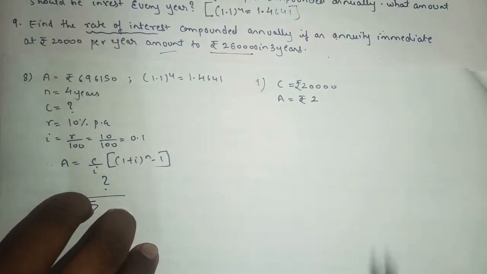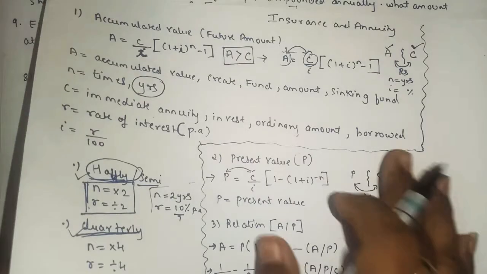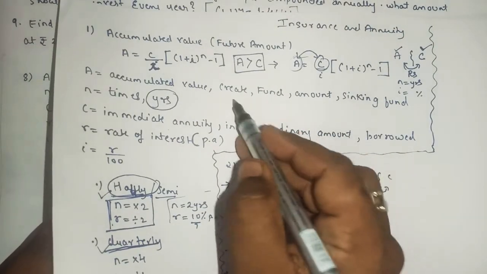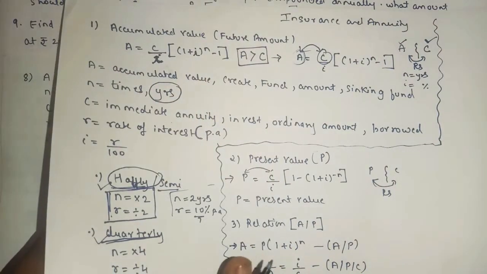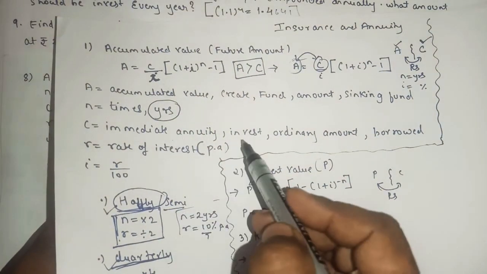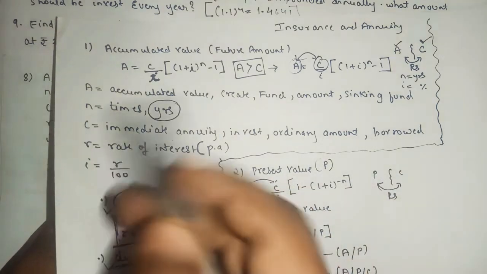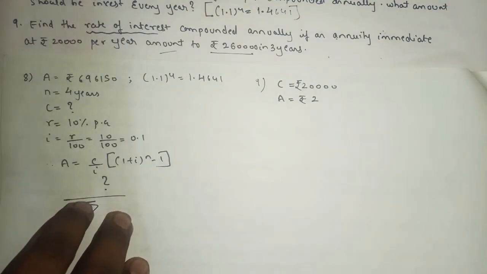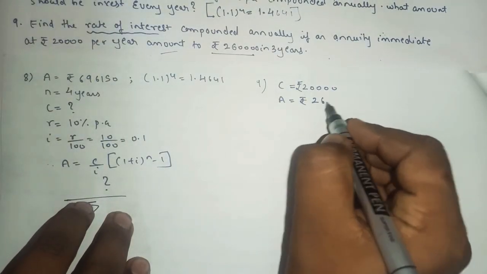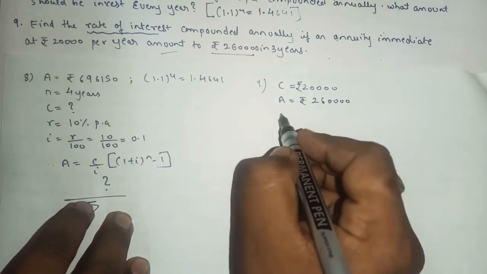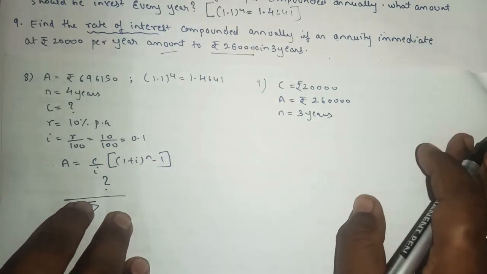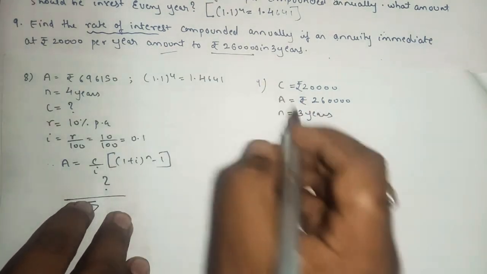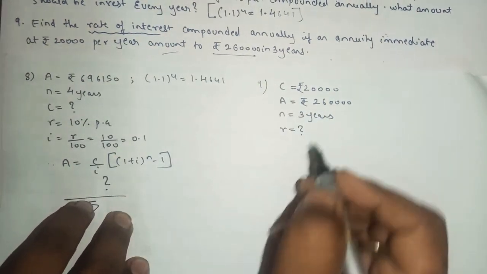Remember this: as I had clearly mentioned, amount, fund, create, accumulated, sinking fund, all these are the value of A. Immediate, invest, ordinary, borrowed, these are C. And we have to find the rate of interest for this sum.